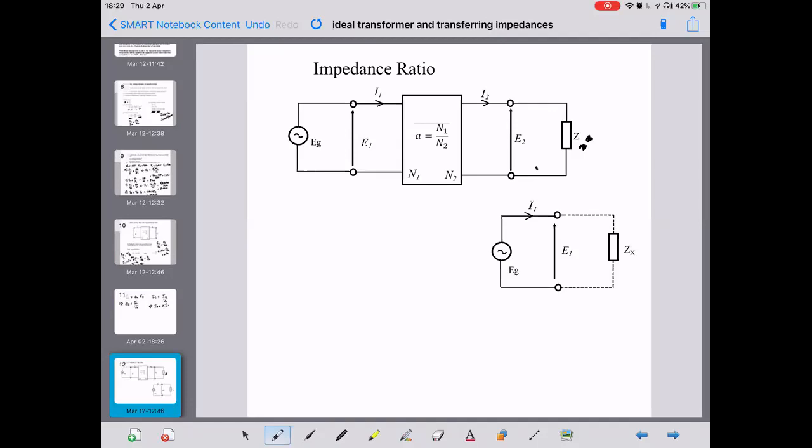Sometimes this next bit is a little bit tricky for you guys to get. We can say that A is equal to N1 over N2, which we already said, also equal to E1 over E2, which is also equal to I2 over I1. It's equal to any of the ratios in the ideal transformer equation.